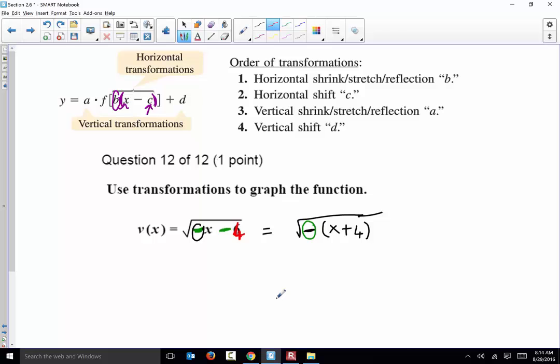It's a y-axis symmetry, so it's a reflection. There is a reflection happening, so this is first, and that's a y-axis reflection. Why don't we do that one first, and then we will take care of the 4.